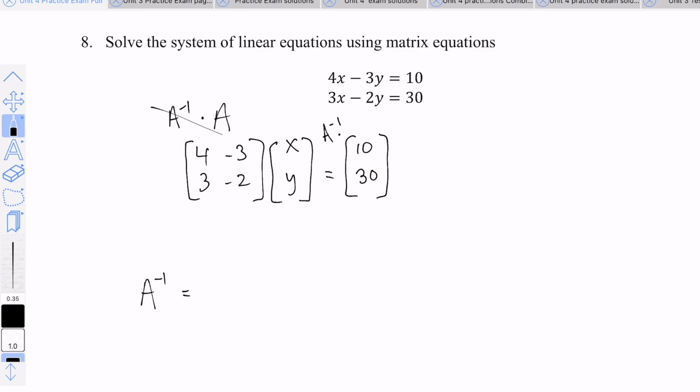The inverse of A we find using the formula 1 over AD minus BC. That's the scalar multiplier. And then D and A switch spots, B changes sign, and C changes sign, where A, B, C, D are here.